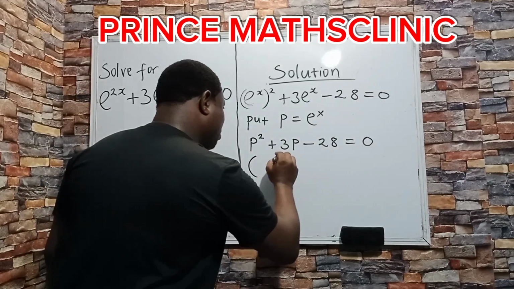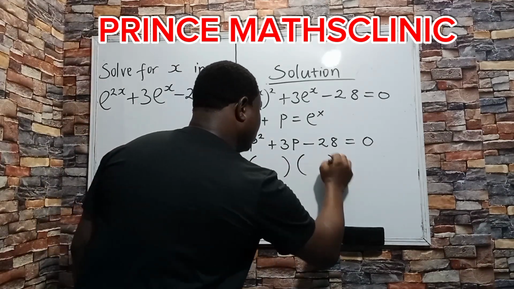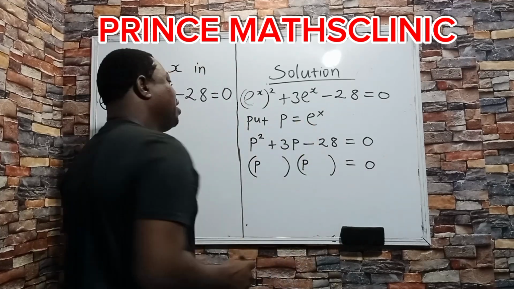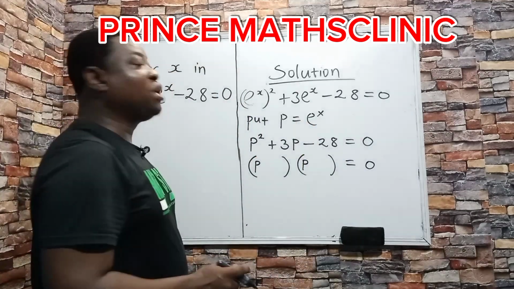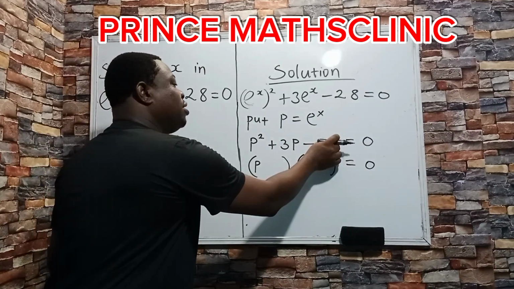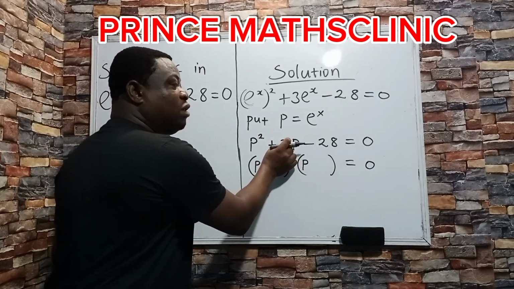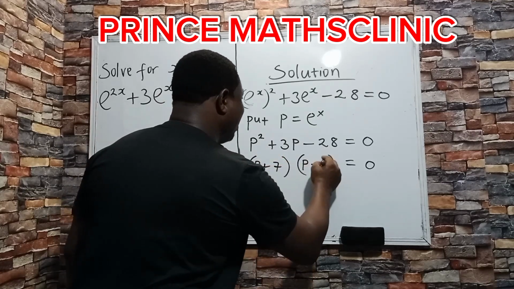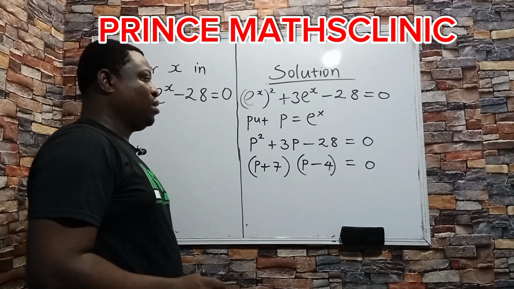Open our two brackets as usual, equal to 0, put a p here and a p here. Two numbers that multiply to get minus 28 and add to give positive 3 are plus 7 and minus 4.